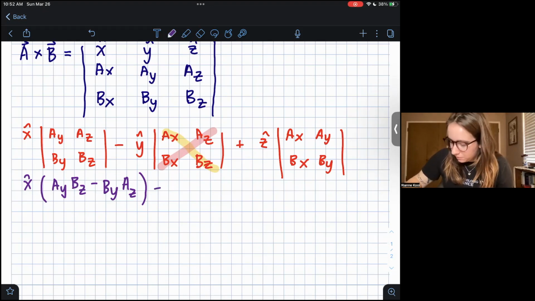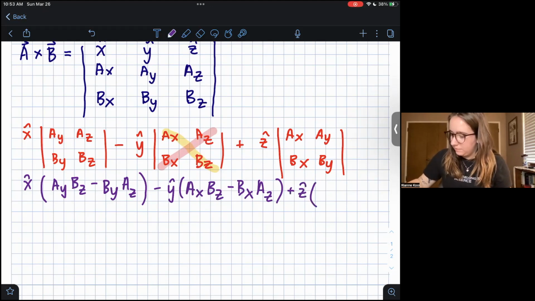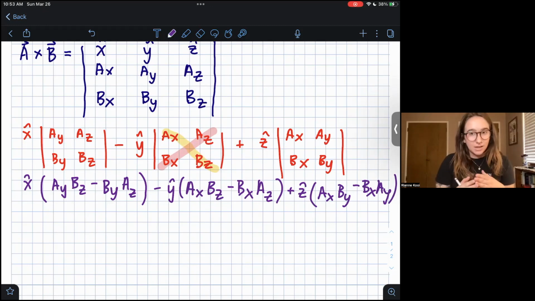So it's negative Y hat, AX BZ minus BX AZ. And then the same thing for Z, we have plus Z hat, AX BY minus BX AY. And that is how you would find the determinant, the cross product, when you want to use the matrix definition.